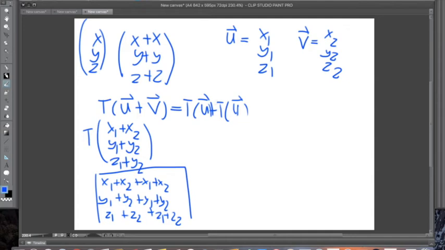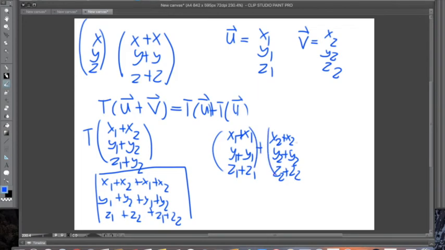So you will see that we got this, and we do it again on the other side by pulling the T out first. We will get x1 plus x1, y1 plus y1, z1 plus z1, and we pull out another T of v, which is x2 plus x2, y2 plus y2 and z2 plus z2, and we add them together.